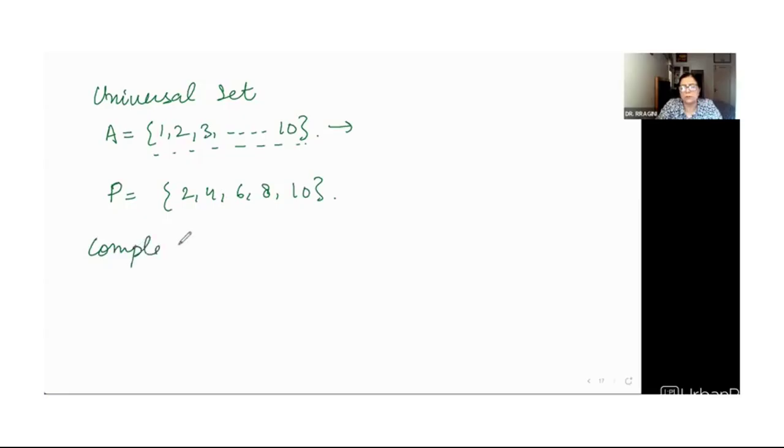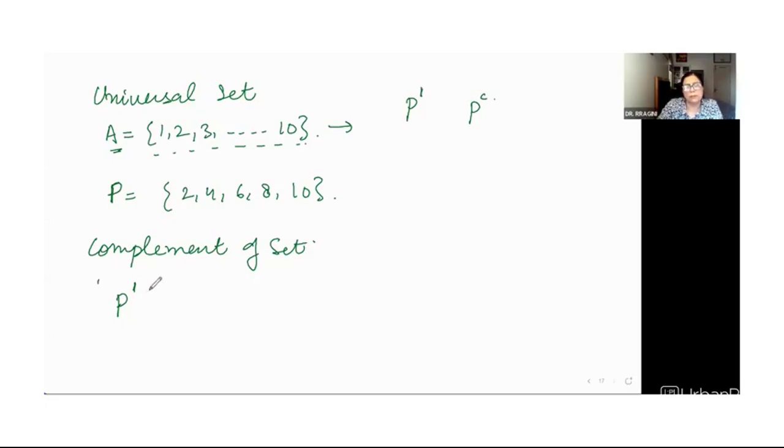Now we have an operation which is called complement. Complement of a set. Now what is that? If universal set is there and we have a set inside which is smaller than the universal set, then the P complement. Complement is written as P dash, or you can write P complement. Both are the right notations for this.